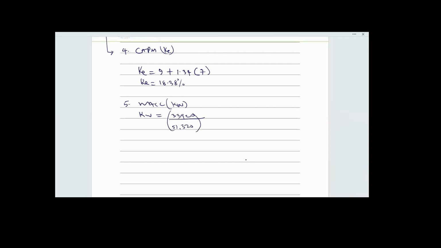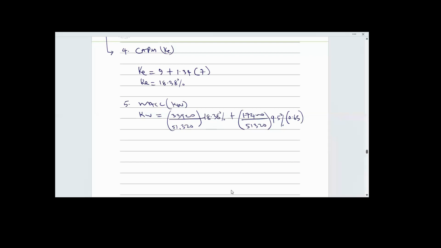Cost of equity of Kilimanjaro is 18.38% plus debt value of Kilimanjaro 17,400, total value 51,320. Cost of debt is 9.5%. Tax is 35, we're accounting for 65.